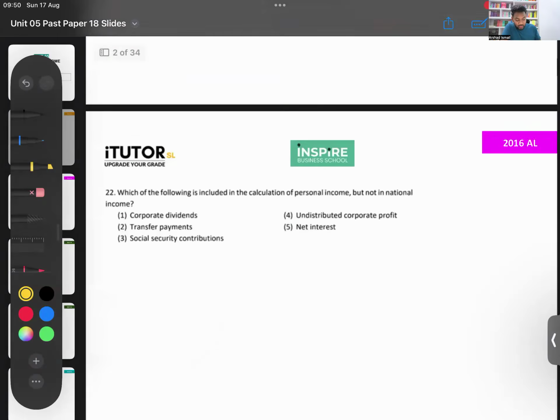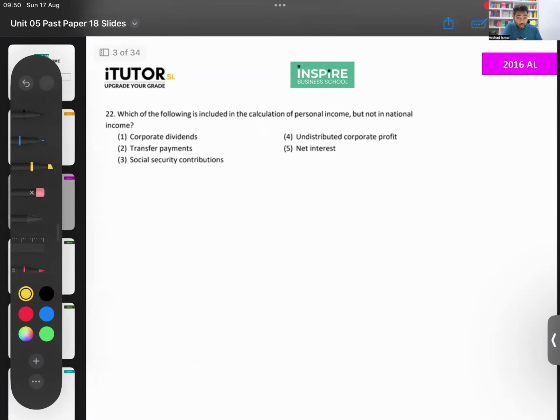Then the next one. Question number 22 from the 2016 paper. Which of the following is included in the calculation of personal income, but not in national income? So usually, when you consider national income, you consider GNI, gross national income. Or if GNI is not there, you can take GDP as national income.